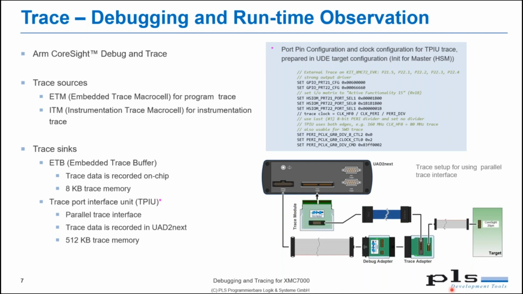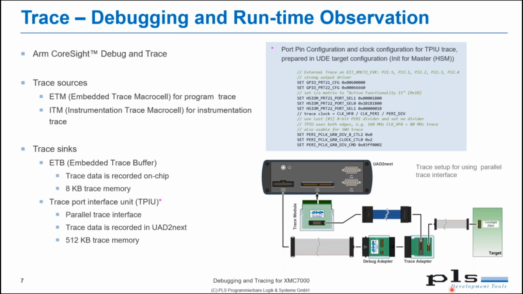On the XMC7000, we also have trace available based on the core side from ARM. We have an ETM, which is the embedded trace macrocell, allows us a program trace of the cores. And we also have an instrumentation trace, which is somehow similar to printf debugging.